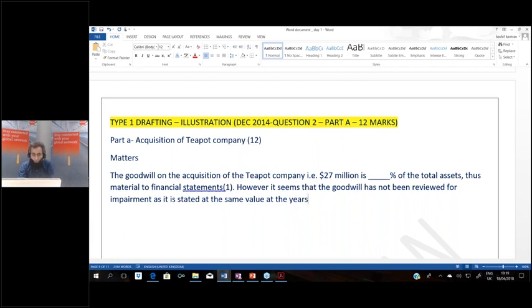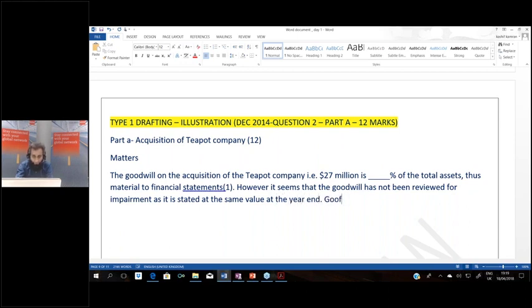I hope all of you know that once every year the goodwill should be reviewed for impairment, and we acquired the company in the last year. If you look at the dates given in the part A, it's almost like 1 year since the acquisition.